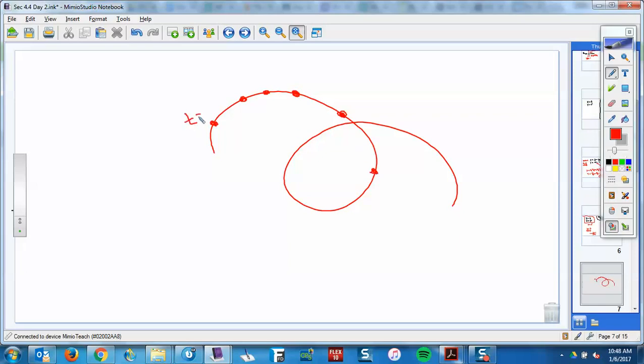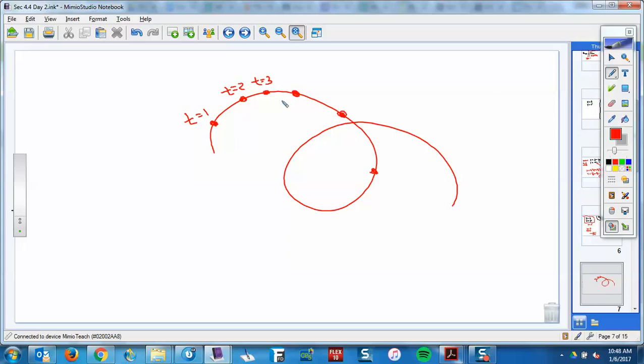So this might be t equals 1, and this might be t equals 2. They ask you some questions like, how can you tell when this object is moving fast, and how can you tell when it's moving slow?